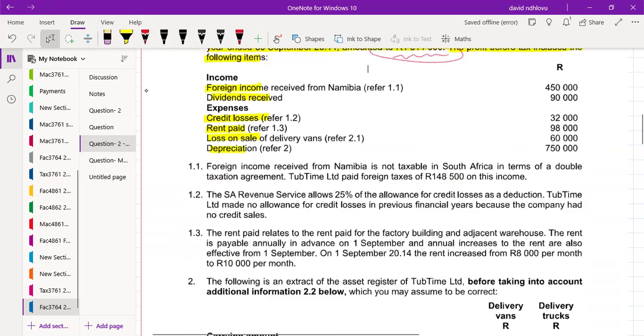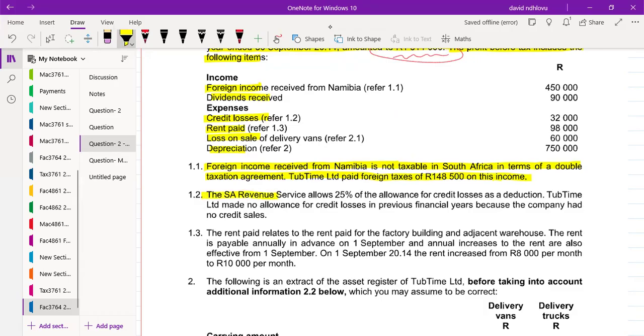So when correcting profit, you must read through. Foreign income received from Namibia is not taxable in South Africa in terms of the double taxation agreement. And then Tape Time paid foreign taxes of 148,500. There is no error that we can pick from there. Foreign income should be included in calculating profit.